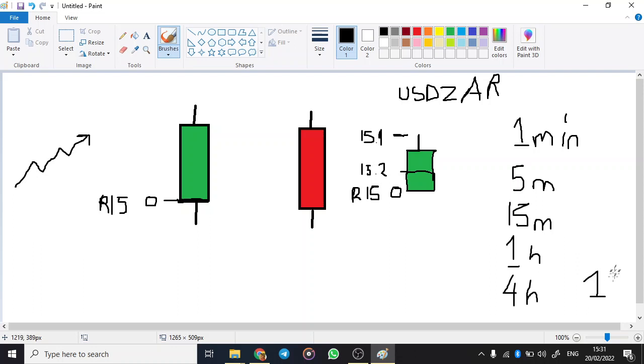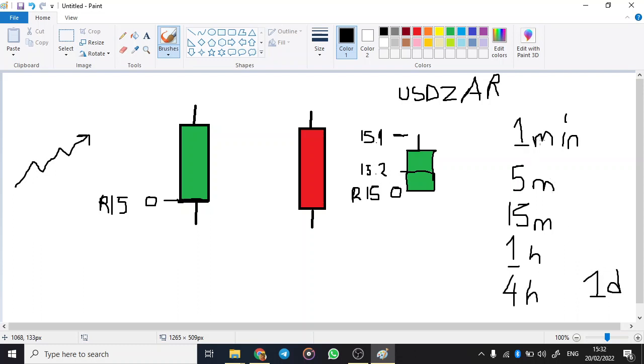We have candlesticks that form every day, meaning per day we have one candlestick that represents the entire price movement for that day, shown by just one candlestick.